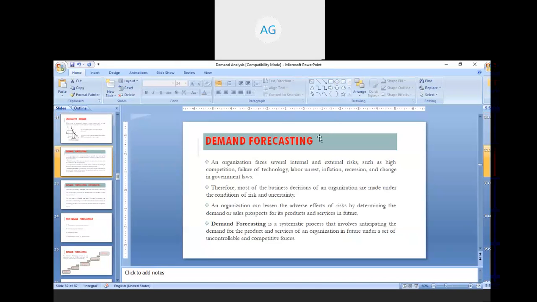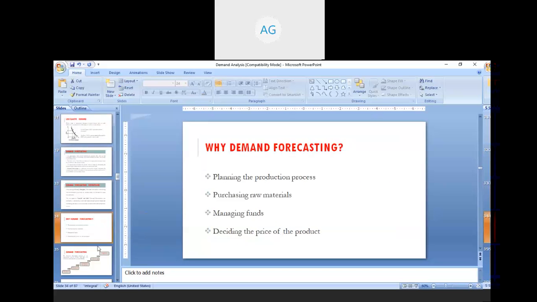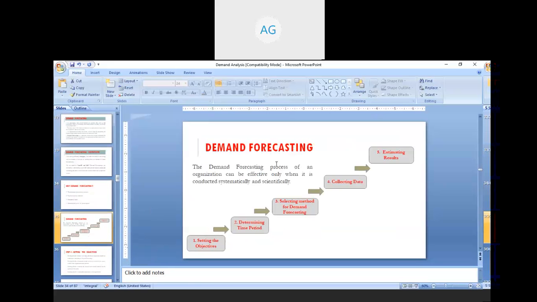So in the last class, we already started the demand forecasting topic under demand analysis. We discussed its definition and why demand forecasting is needed, and also we studied the demand forecasting and its 5 essential steps.